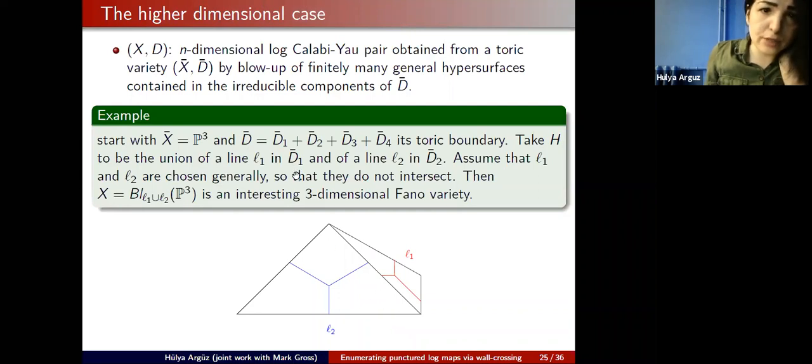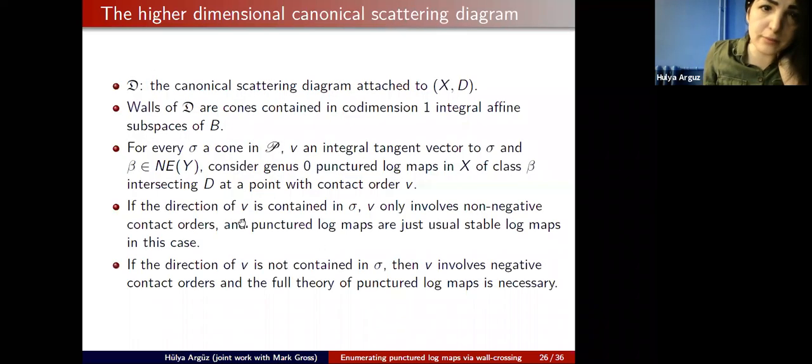If you look at the higher dimensional case, which we considered, so if you look at P3 with two lines in the toric boundary divisor, this is a nice log Calabi-Yau variety. And if you blow up these two lines, X is the blow up of L1 union L2 in P3.